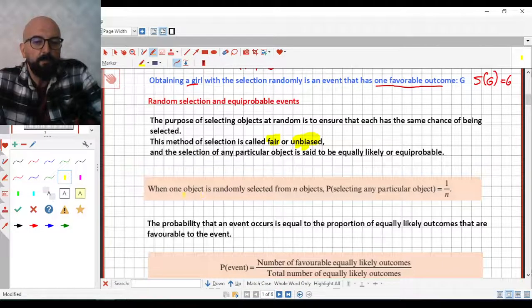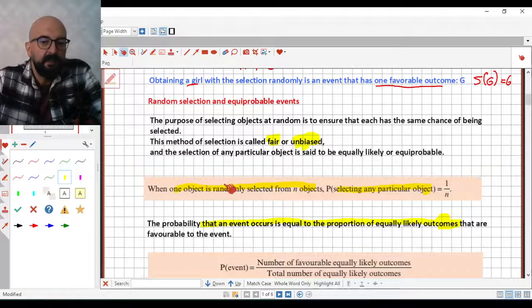When one object is randomly selected from n objects, the probability of selecting any particular object is 1 over n.